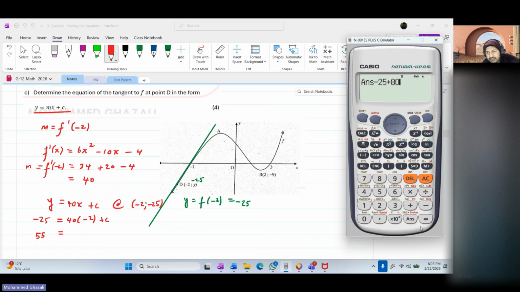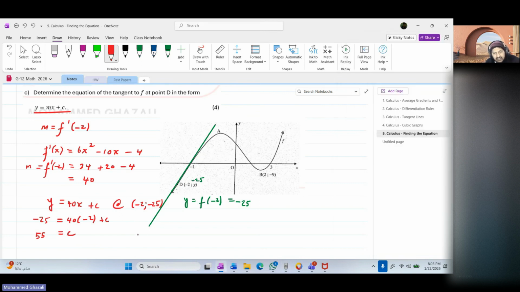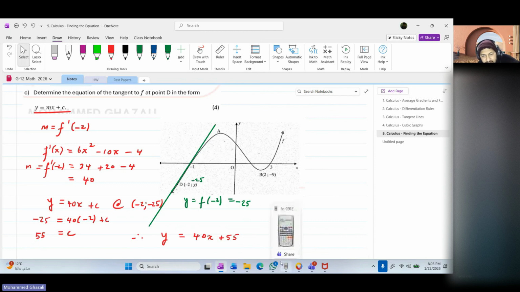The value of c is -25 plus 80, which is 55. So therefore, the equation of the tangent line is y equals 40x plus 55. At point D, the equation of the tangent is 40x plus 55.